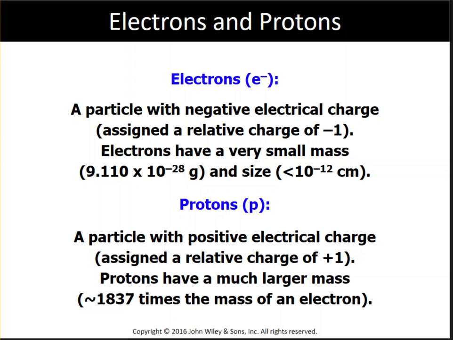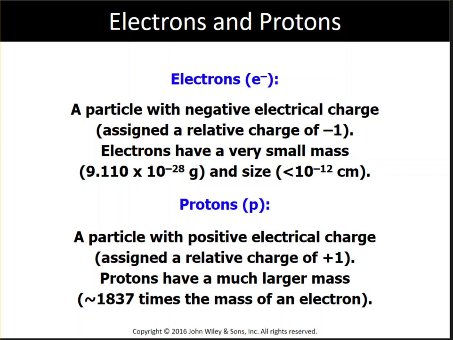Scientists knew that atoms were neutral. So since electrons were discovered and they knew that electrons have a negative charge, they concluded that there has to be other particles, subatomic particles, that have a positive charge. That way the atom can be neutral.